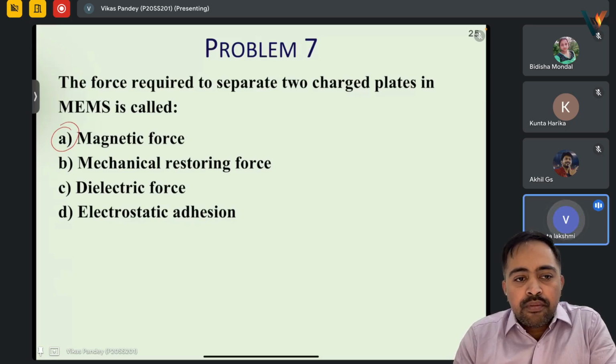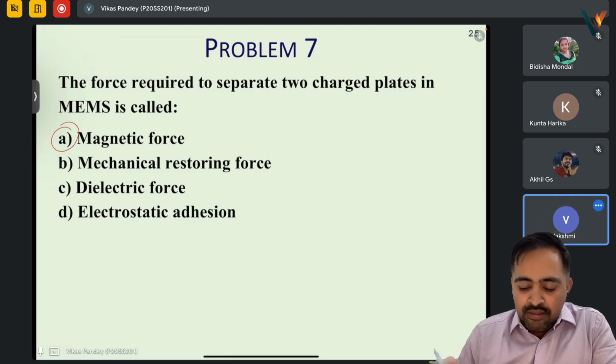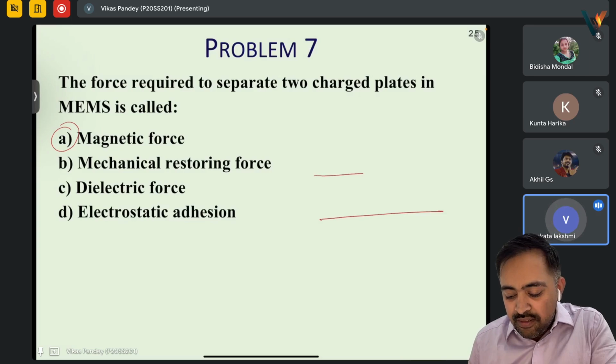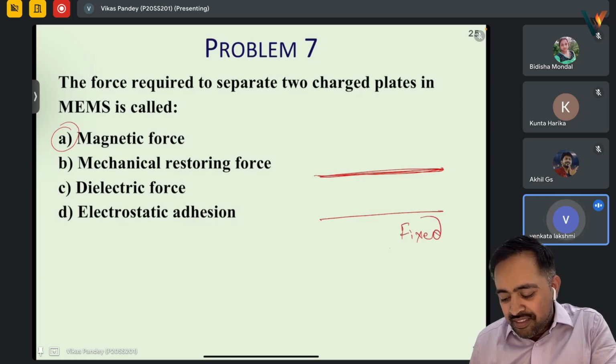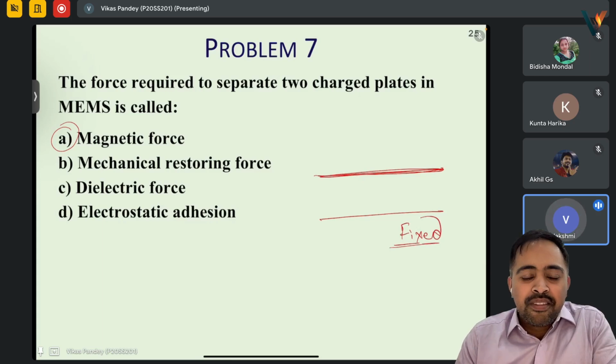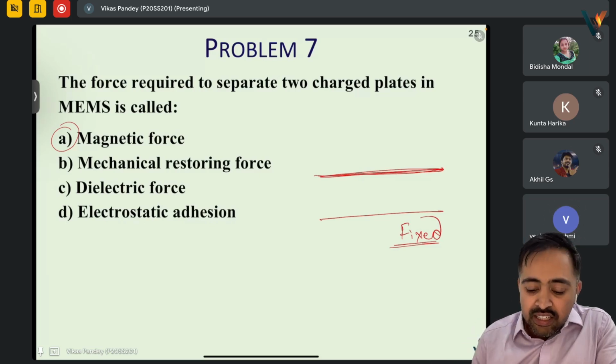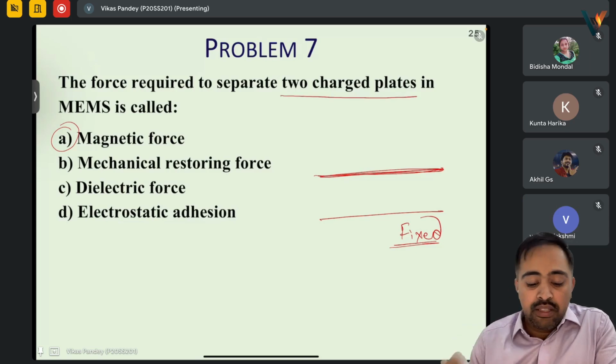Sir, there is a confusion. According to your arrangement, you have shown two capacitor plates and a spring action. That means whether it is mechanical restoring force according to the spring action. But according to charged particles, there is the word adhesion. It is saying that separating two charged plates.